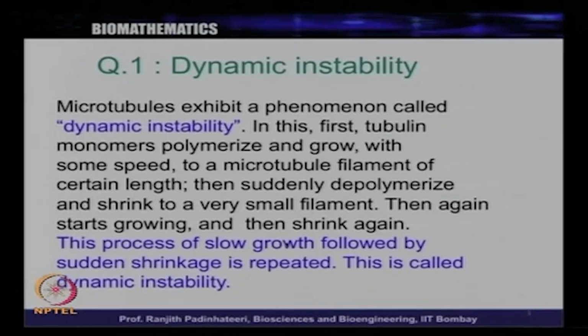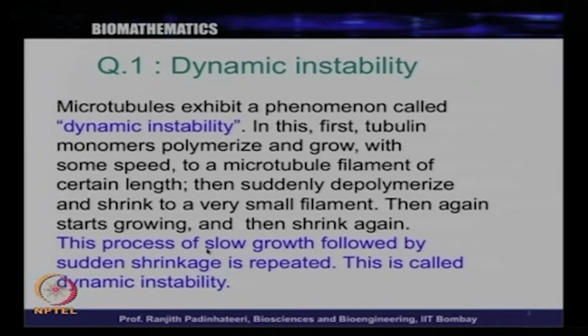So the growth is slow, but the shrinkage is sudden. This is another important point. This is repeated, and this is called dynamic instability. Okay, so we understand the phenomenon now.